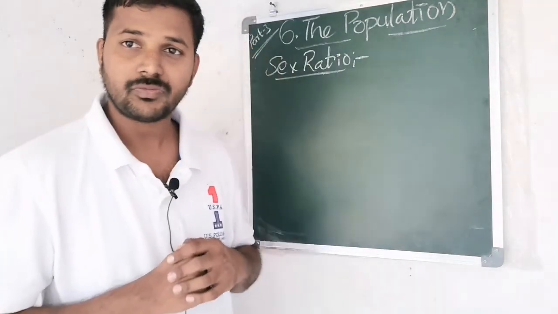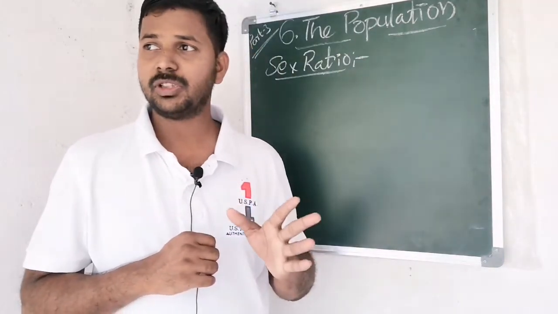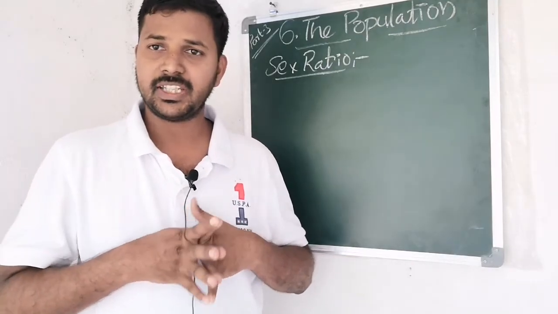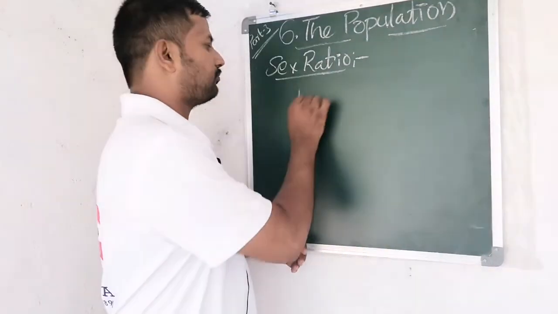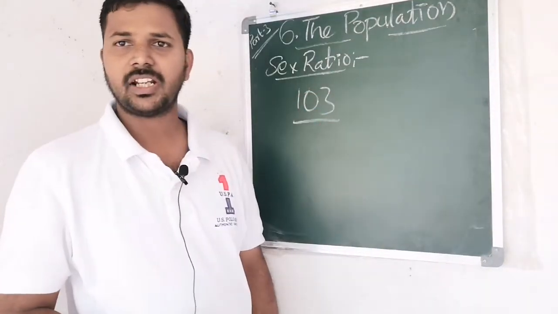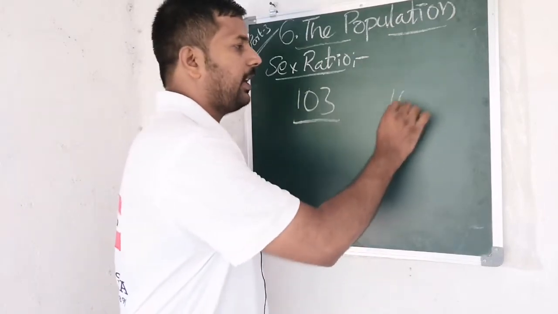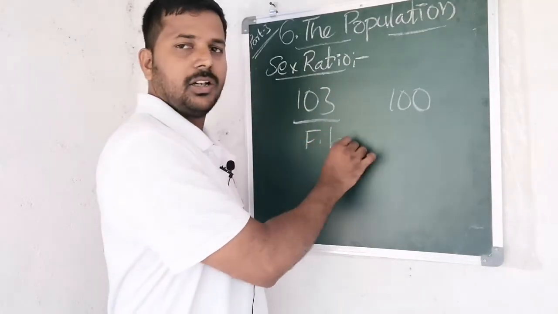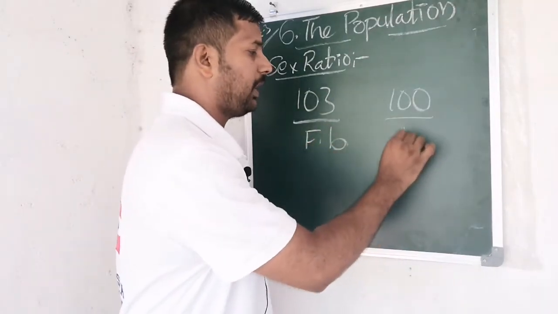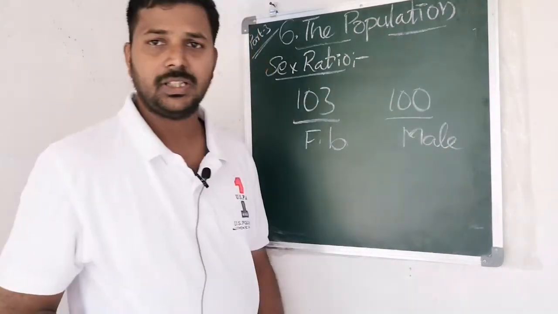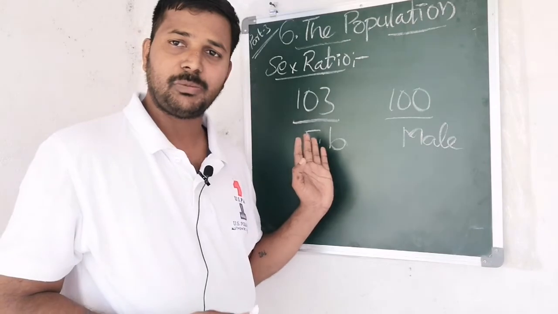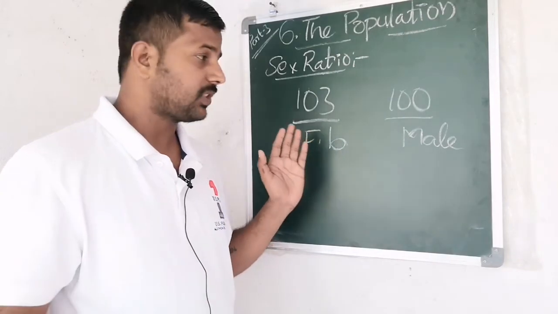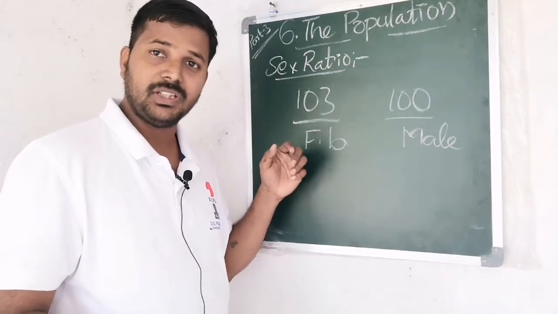And one more indication, as per the census department: 103 female babies are born against 100 male babies. That means more baby girls are having birth, but at the same time they are also dying more.